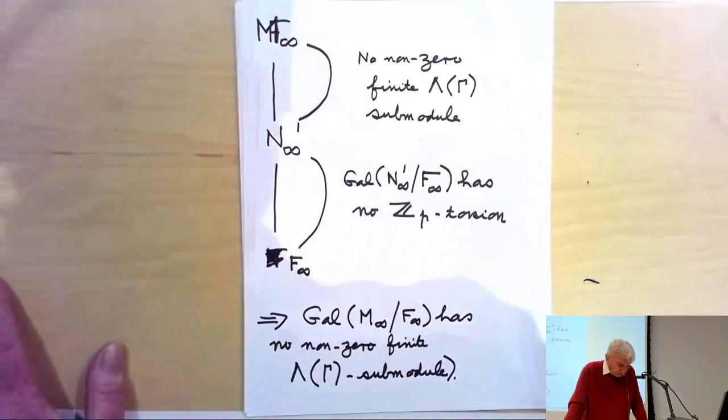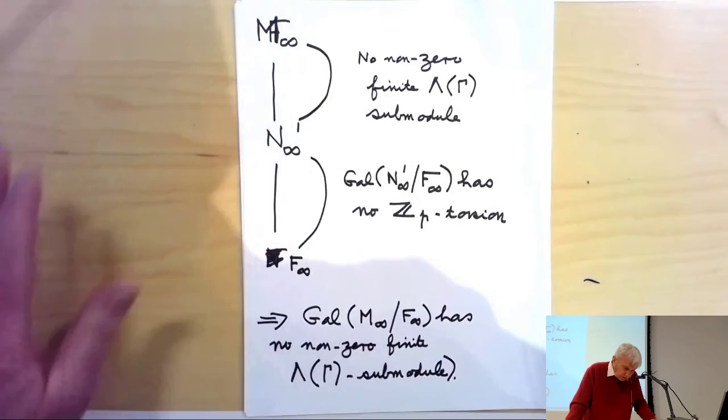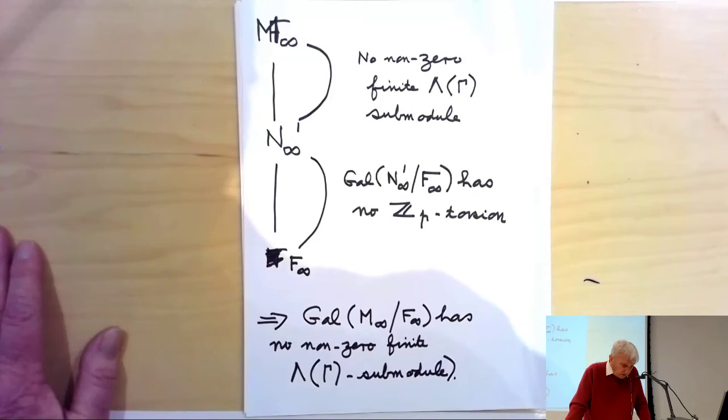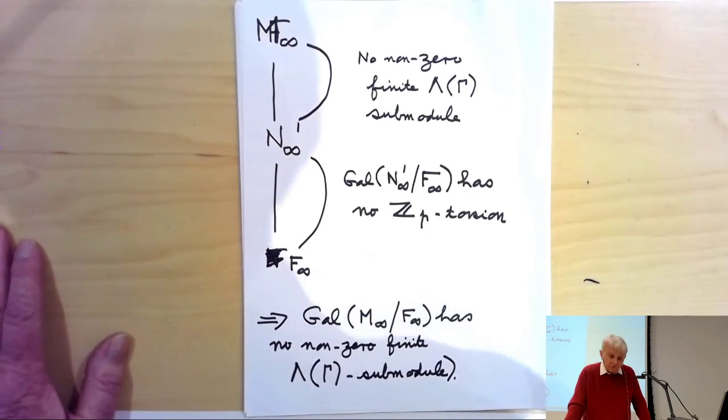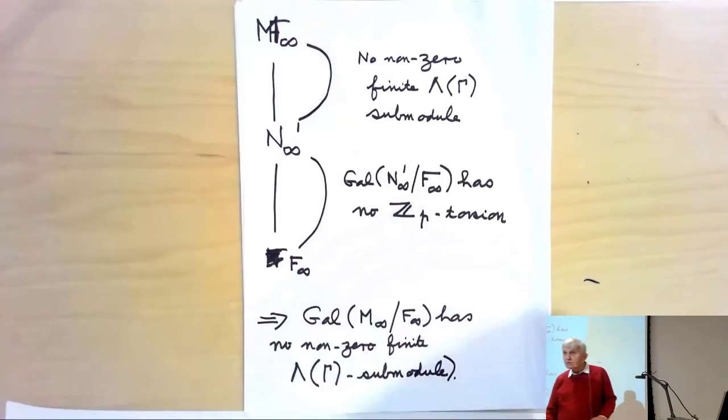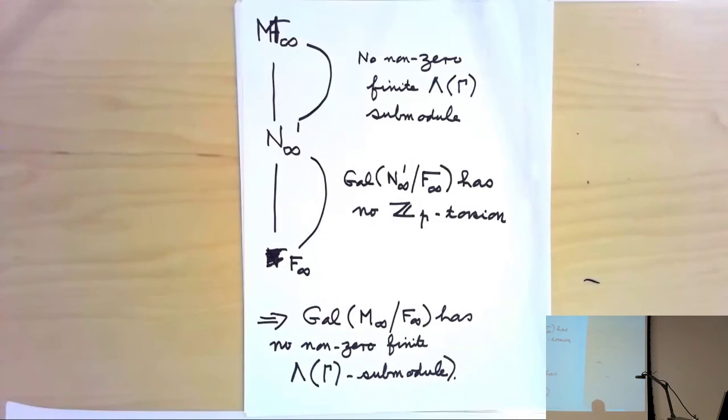And by the way, this is not true at all for the Galois group of L infinity prime over F infinity. This is a very special property of these modules. There really are, in some cases, finite submodules.